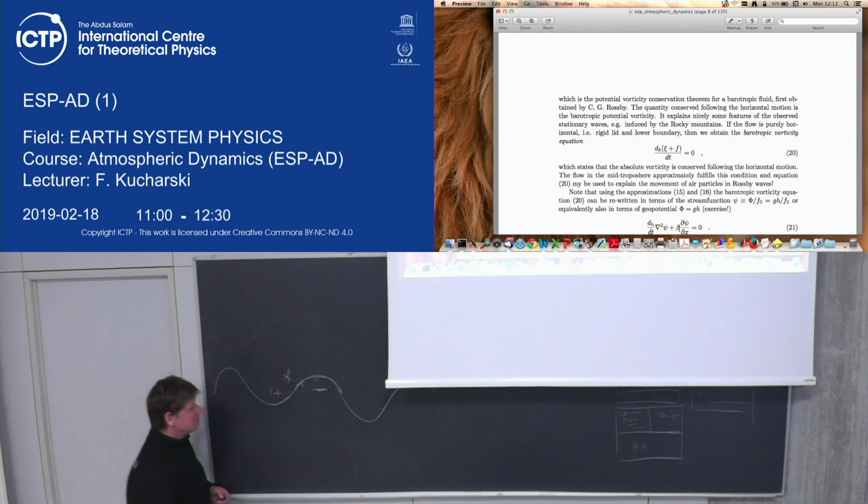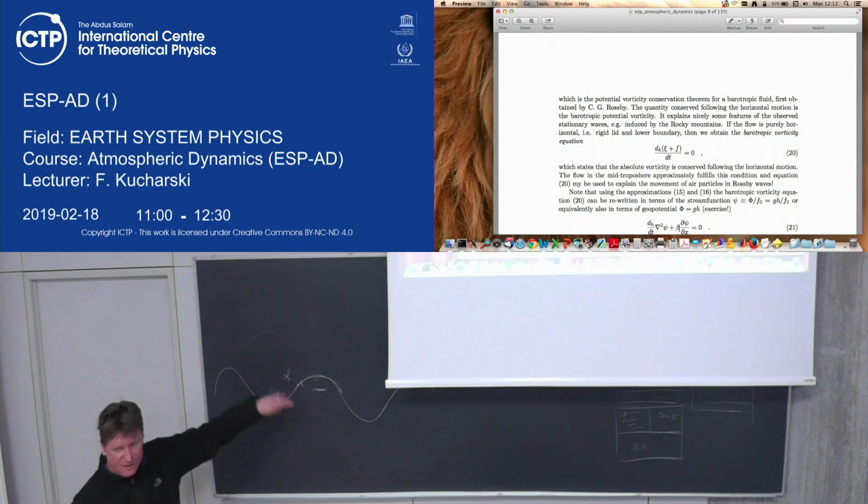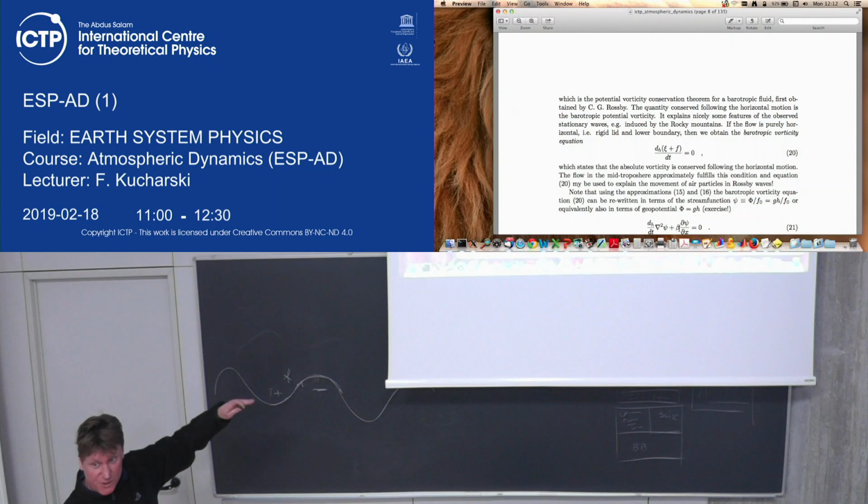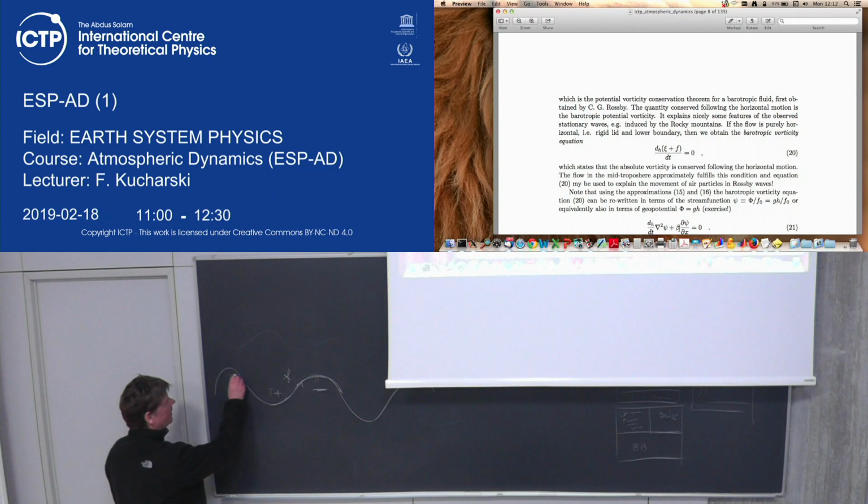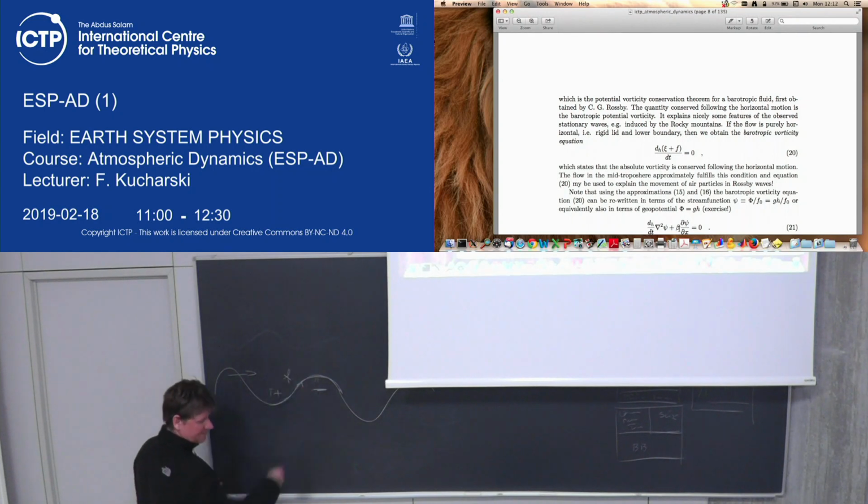So with this kind of basic principle, we can explain the movement of our air parcels in these large-scale waves, which we call Rossby waves, for which we will maybe next lecture, the lecture after that, derive the dispersion relationship, how these waves actually move, and not the air in the waves.